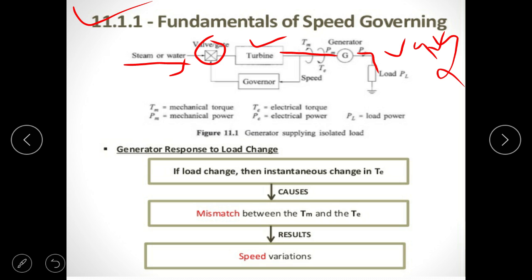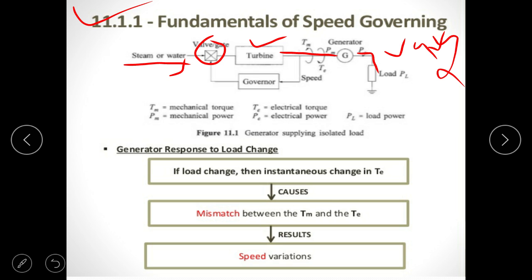It means we have to control the valve, input is reduced. So if there is an increase in load, we have to increase input supply by opening the valve, and if load decreases, we have to close the valve, or we have to control the input supply or steam flow to the turbine.